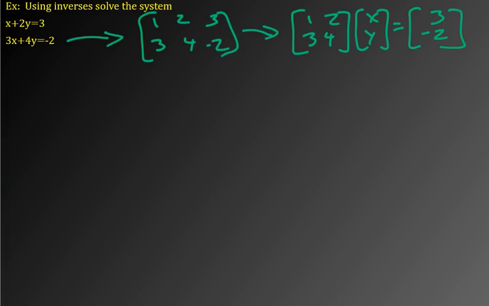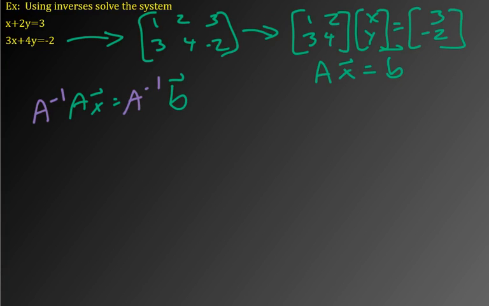If I let the matrix be A, the variable vector x, and the right side some vector b, then what we're going to use the inverse for is to multiply A inverse on the left, and we have to multiply on the left right here.